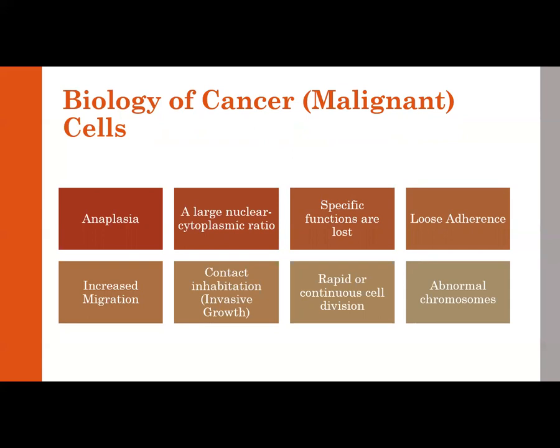When we're looking at a malignant cell, you're going to see things like anaplasia, which we'll talk about, a large nuclear to cytoplasmic ratio, specific functions are lost, loose adherence, so they're not all sticking together, increased migration, loss of contact inhibition, so very invasive growth, rapid or continuous cell division, and abnormal chromosomes.